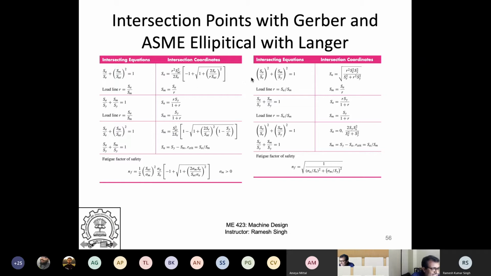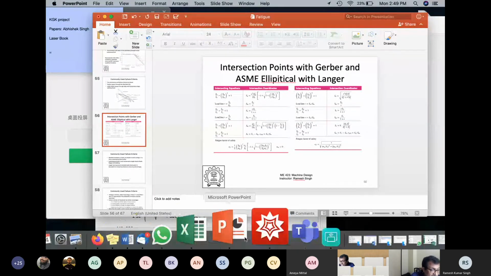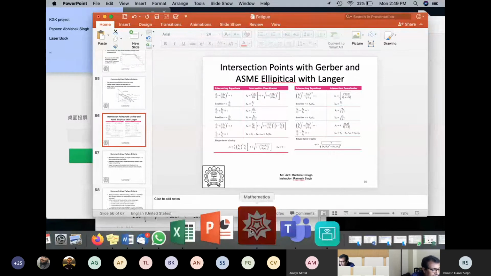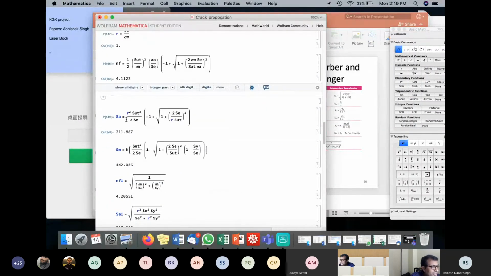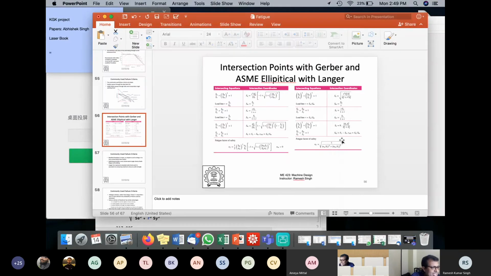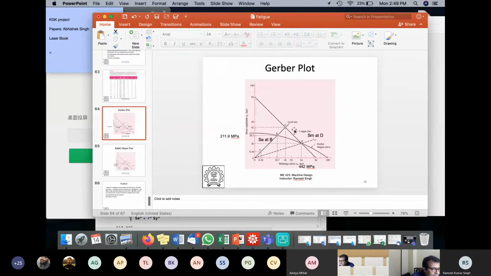So I know SA is this. These are two equations. The intersection between these two is given by SA this and SM this. Let me go ahead and show you what we get out here, and then we'll check whether our answer is correct or not. So now if I find out where this line will intersect, this SA is nothing but this point right here.